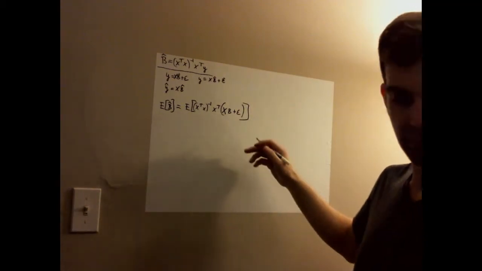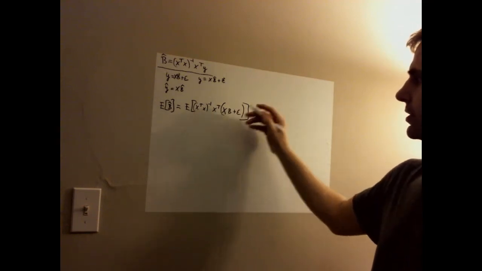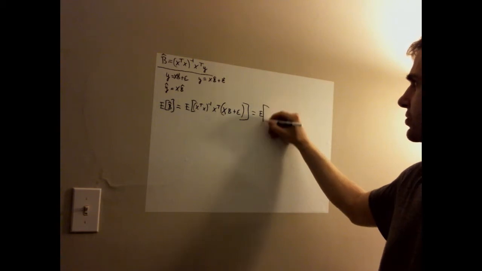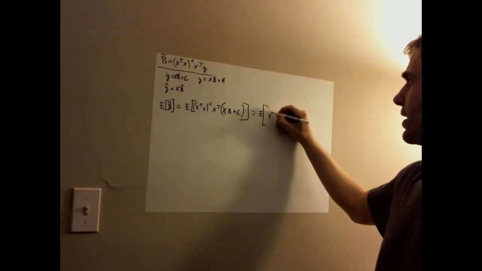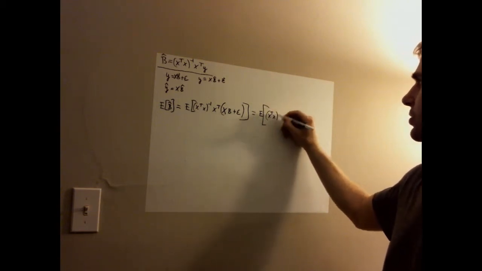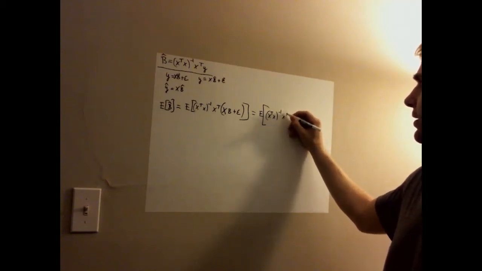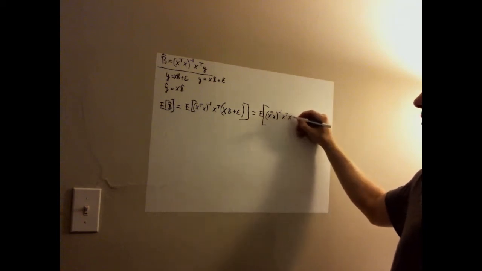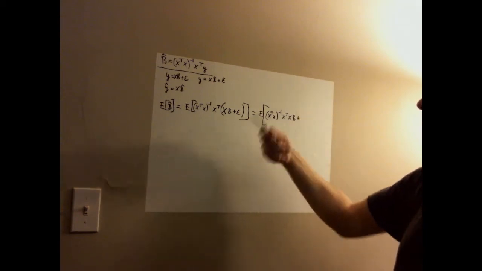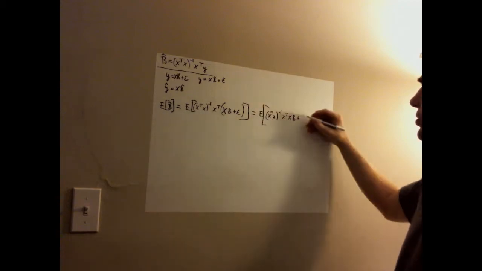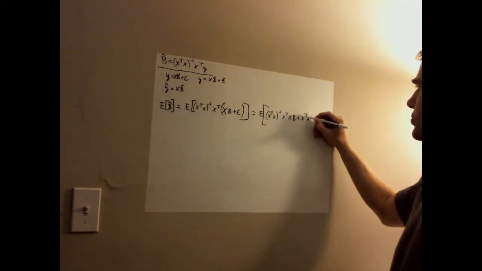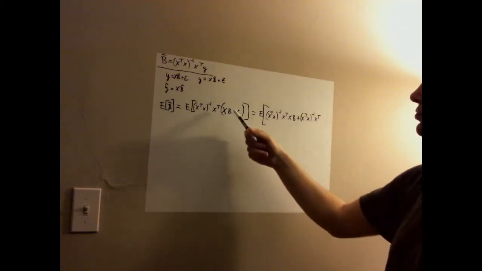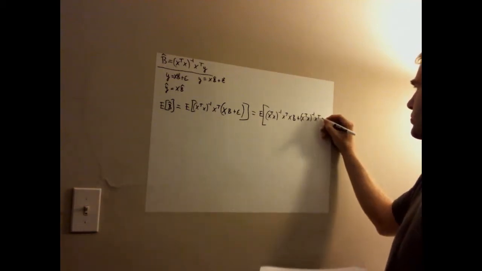If I distribute this quantity in, we end up with the expected value of (X transpose X) inverse multiplied by X transpose multiplied by X beta, plus the same distribution for the error term, X transpose, and this one times the error.